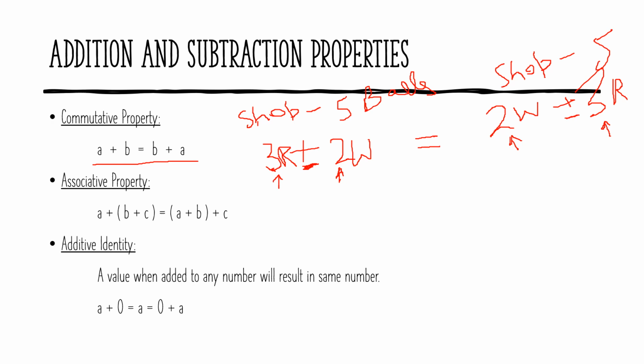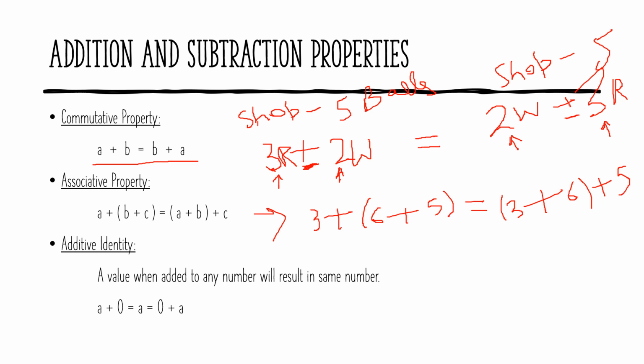For example, we can take 3 plus (6 plus 5) equals (3 plus 6) plus 5. So we can check if it comes out the same or not.